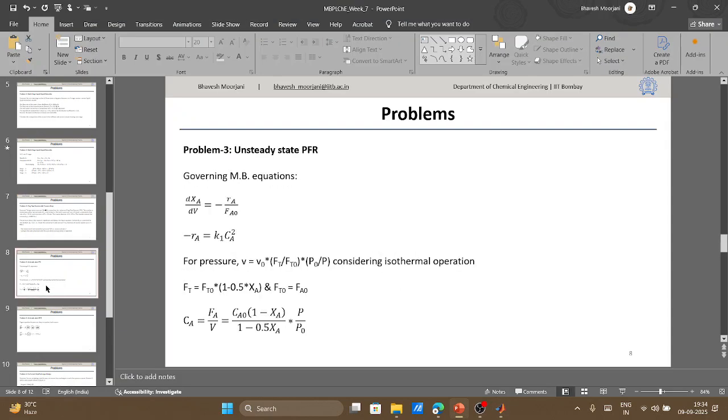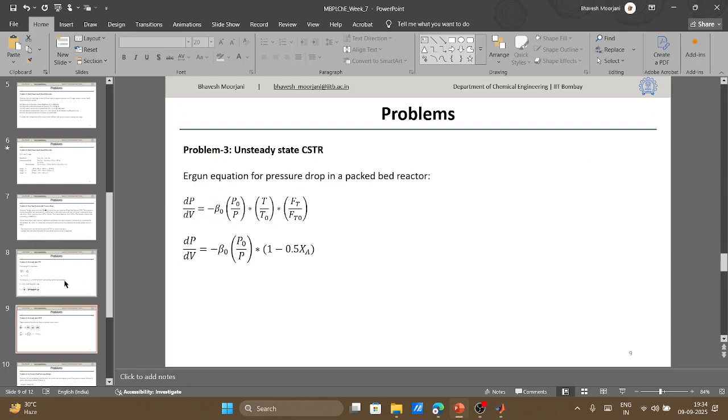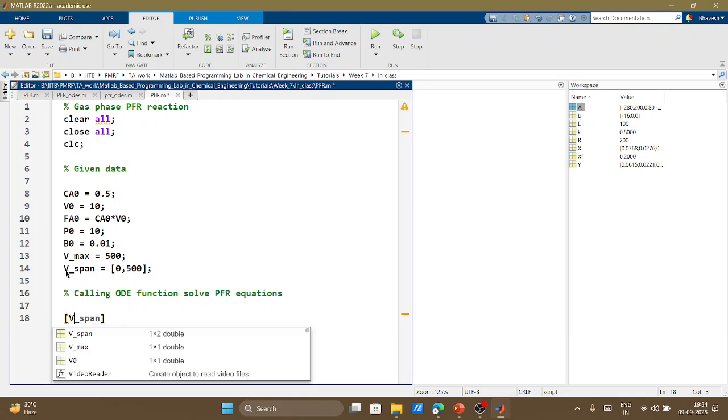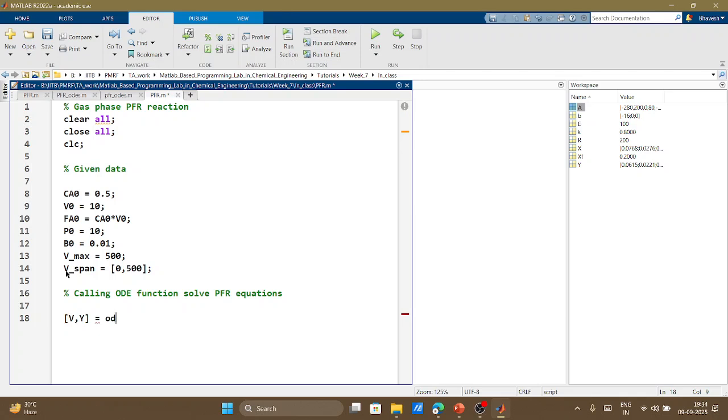Now I know the ODEs, I know the initial variables. So we will solve it, calling the ODE function to solve the PFR equations, right? So I will have volume vector versus this y vector, and I am calling ODE45 again.